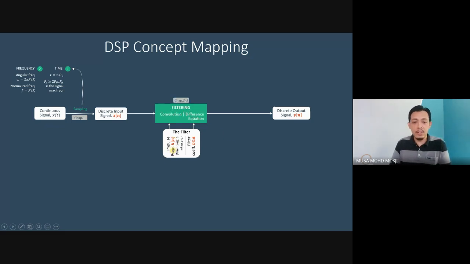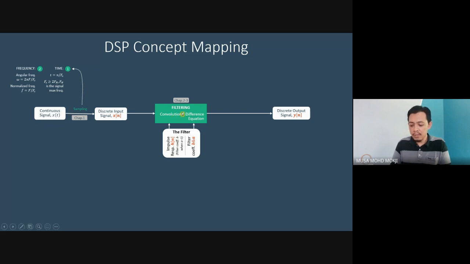If we have an impulse response, we can do an operation called convolution. You have an input, you have your filter, which is the impulse response, and then do convolution, you will get your outputs. You can do this convolution only for FIR systems, finite impulse response.